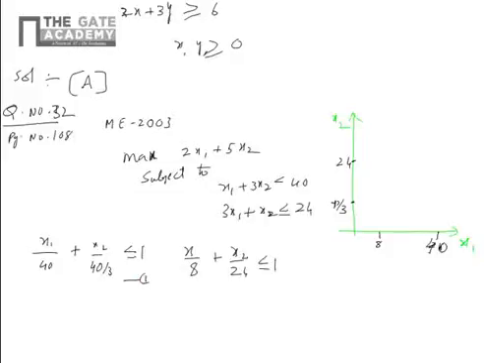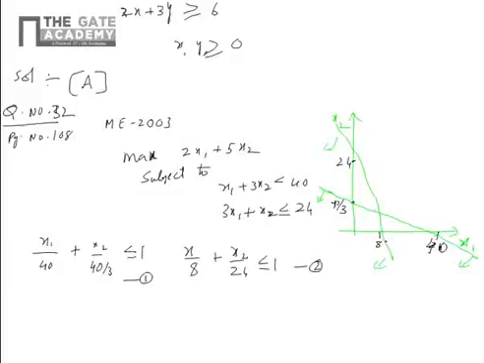This is equation 1, this is equation 2. So draw those equations on the x1-x2 chart. The 40 and 40 by 3 line is less than or equal to, and less than means towards the origin. And next is 8, 24, less than or equal to sign, it is also towards the origin.